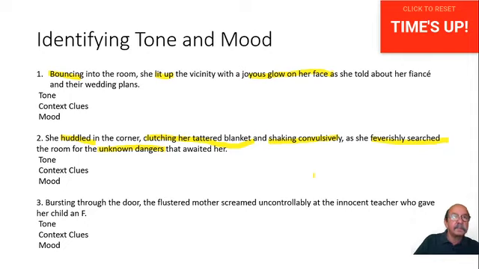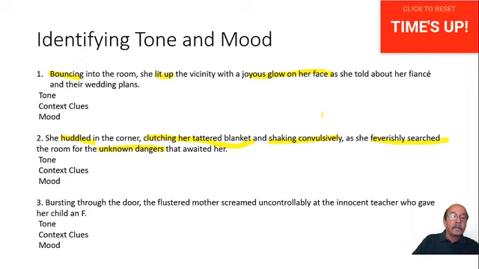So the writer is being mysterious. Context clues we've already discussed. Now what is the mood when we read sentences like this or novels like this? There's apprehension, a bit of fear, a bit of anxiety, a little bit of concern. We are worried about this poor girl in the story.